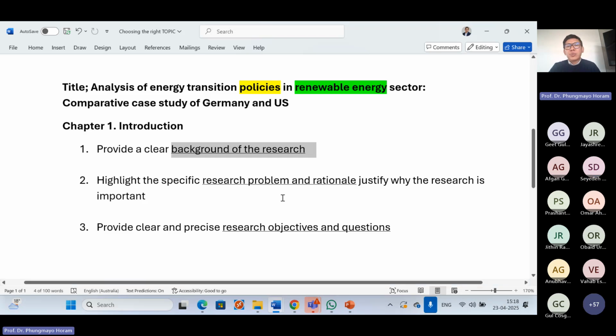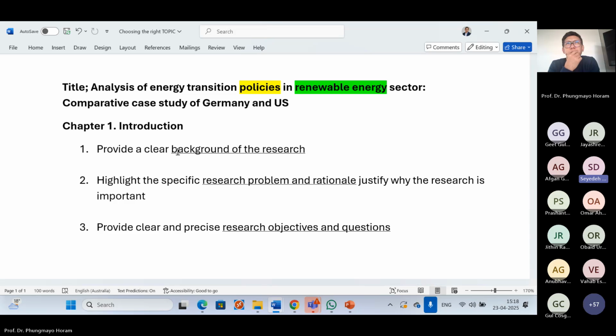Okay, can you repeat once more the difference between research background and the problem statement? Research background is about why I have chosen this topic for my thesis. And the research problem is the exact point or problem statement that I want to address during my thesis.